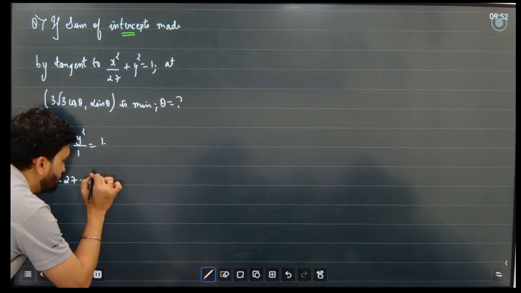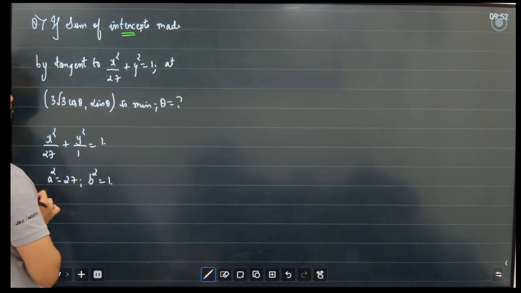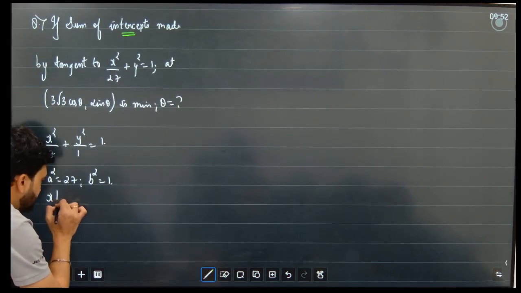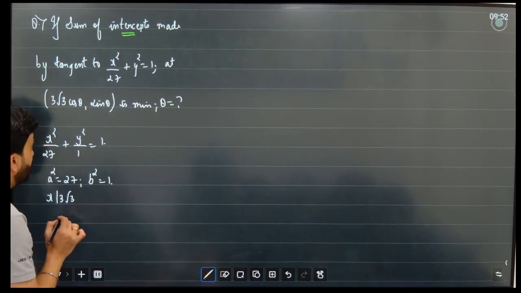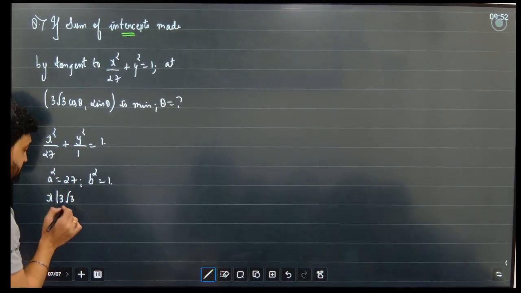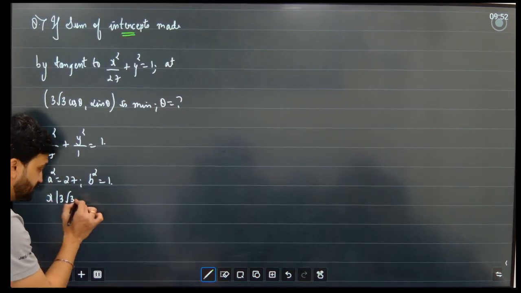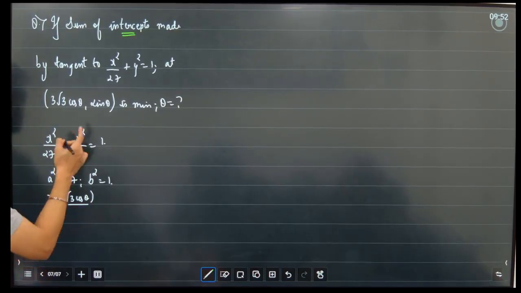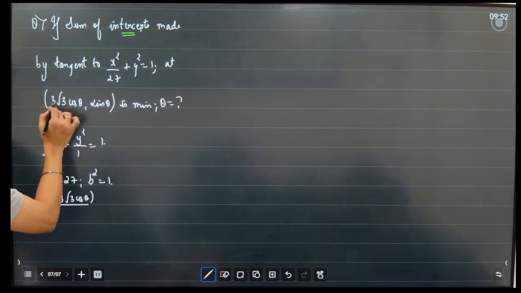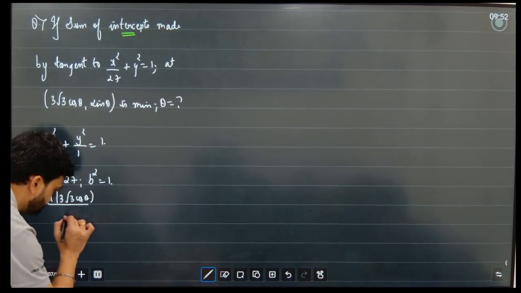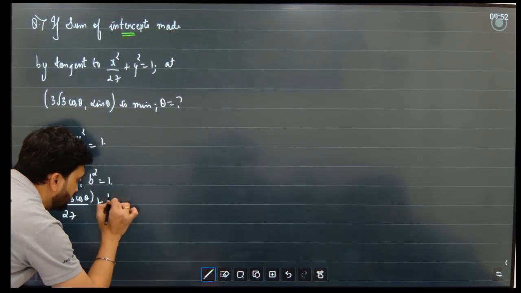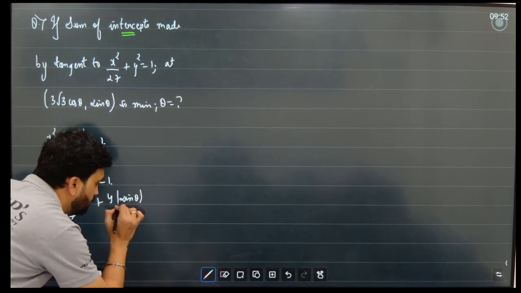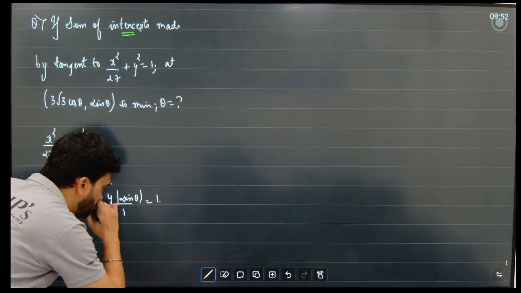A square is equal to 27, b square is equal to 1 at a point. So x cos theta, x1. Remember this, x1 means x cos theta. x1 upon a square plus y1 upon b square is equal to 1.